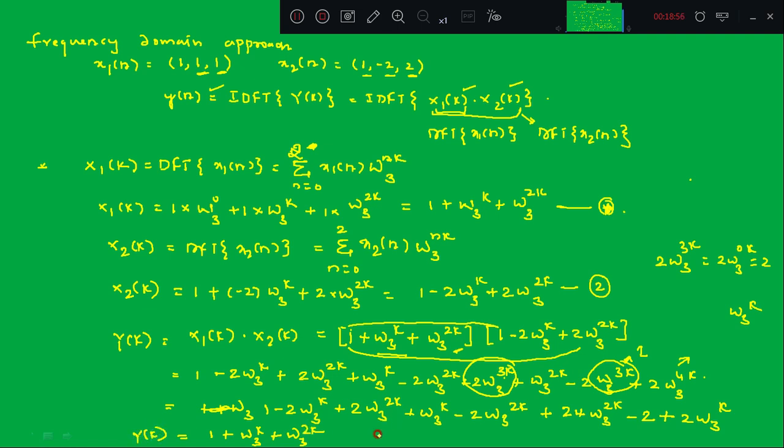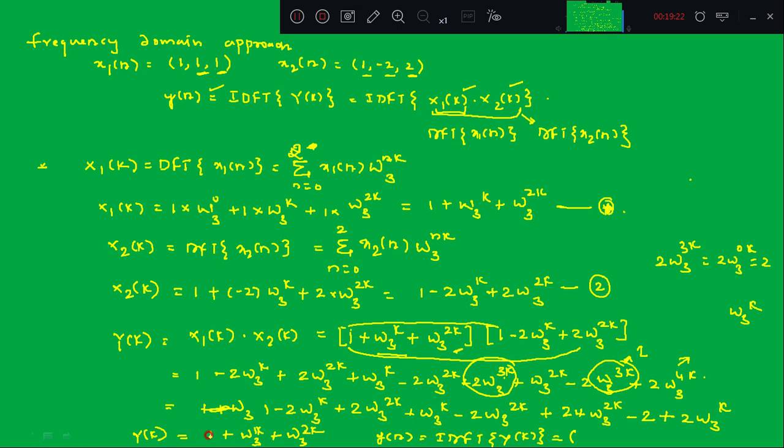Then after that you take the IDFT of this one, so y of n is equal to the IDFT of Y of k. So this is nothing but I can write 1 into W raised to 0k, plus 1 into W raised to k, plus 1 into W raised to 2k.